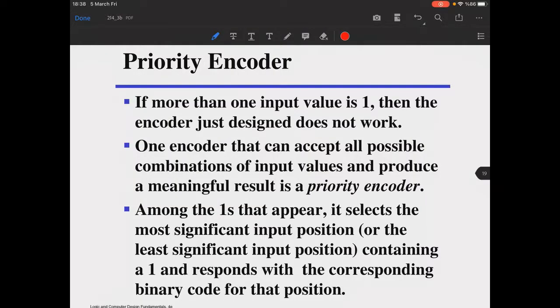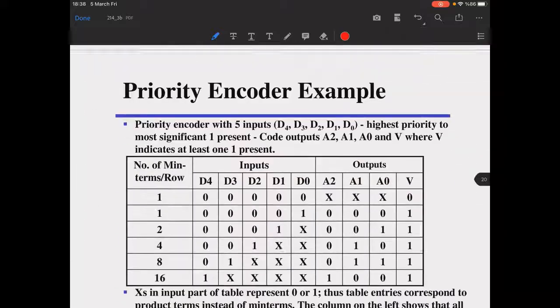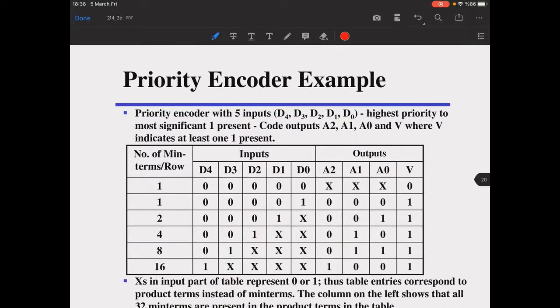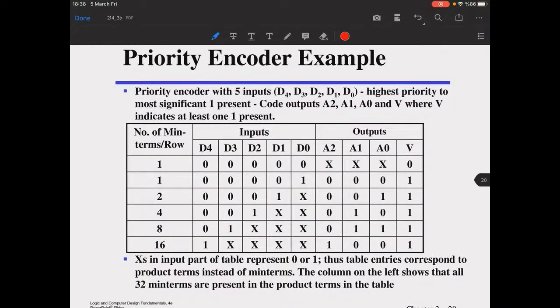Now, it means that more than one of your inputs can be 1, and you need to decide, select between them. It means that some of them should be more important than the other ones, or this is how you make the distinction between them. When we take a look at a priority encoder example here, exactly this is how it works. A priority encoder with 5 inputs is given here.